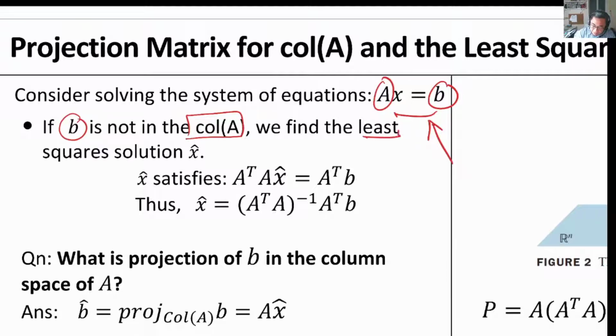Instead, we find the least squares solution, and we know from past slides and past lectures that the least squares solution can be found by the normal equation.